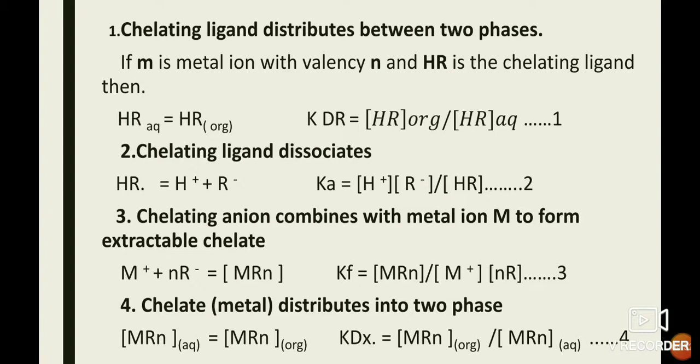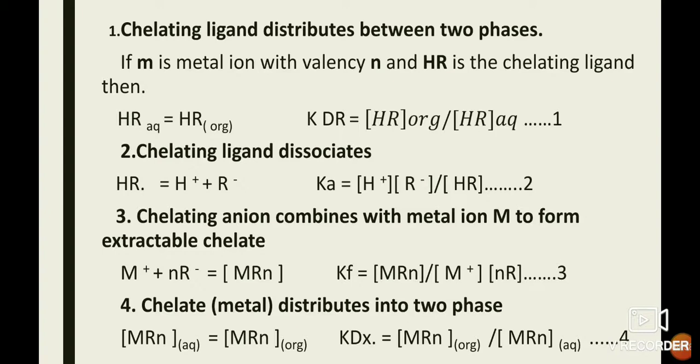Point 3, chelating anion combines with metal ion to form extractable chelate: metal ion plus n R minus gives the extractable chelate. The complex formed is MRn, and the coefficient is the formation constant.